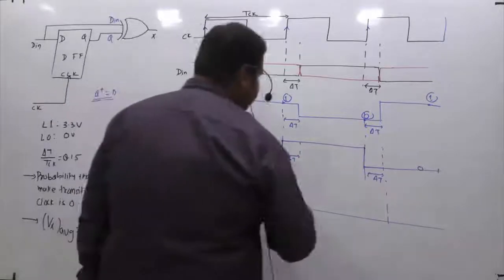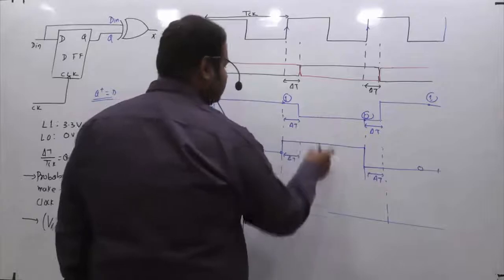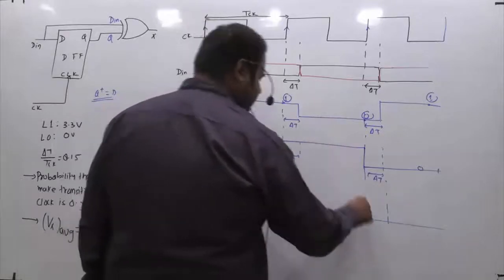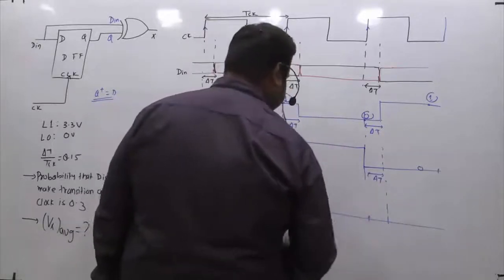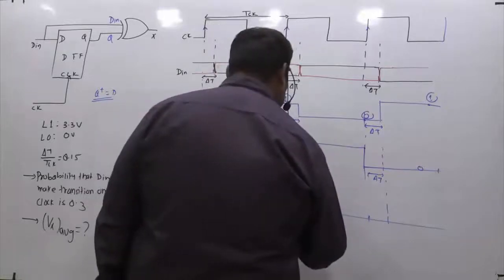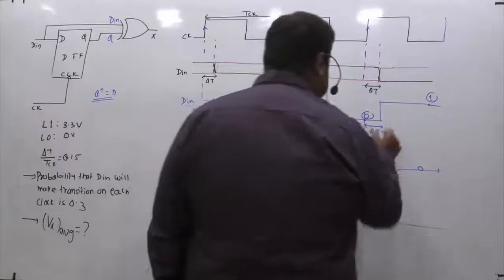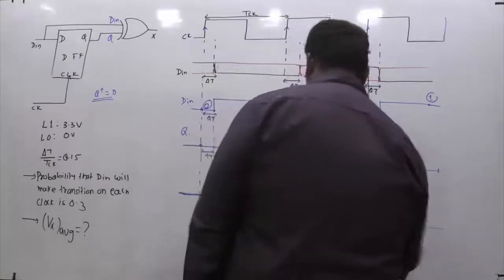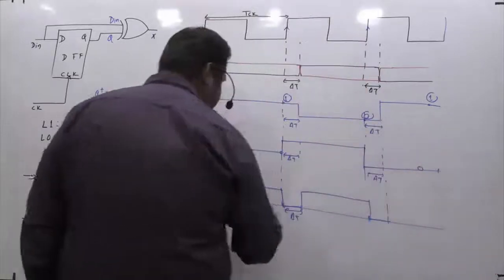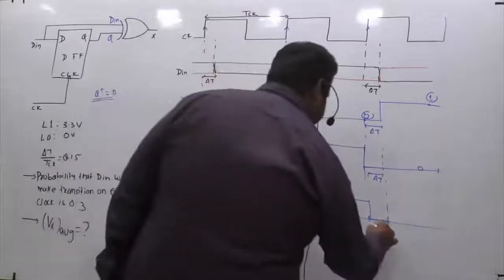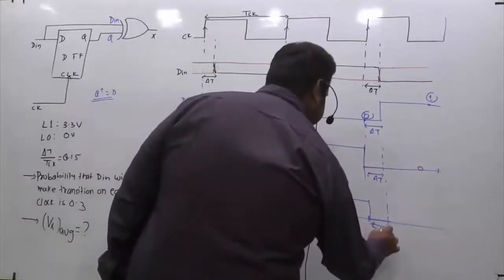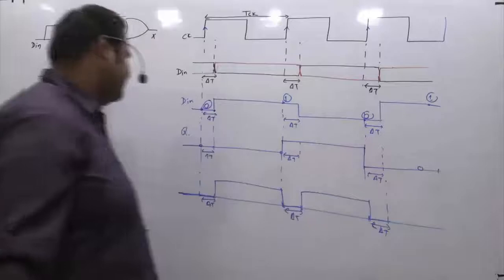Next, this is 0 and this is 1, so till this point this is again 1. And again 0 XOR 0, you get 0. This gap is delta t, and this gap is also delta t.